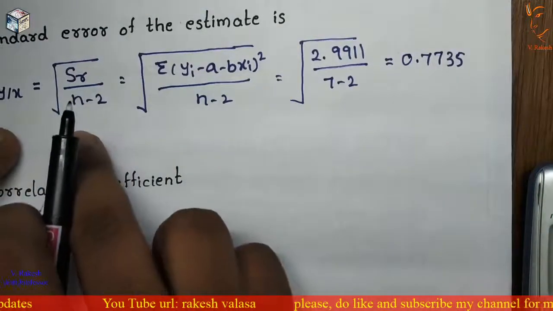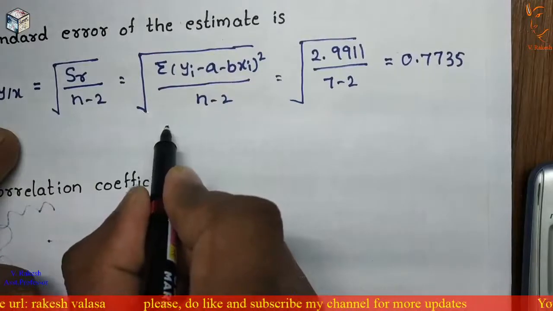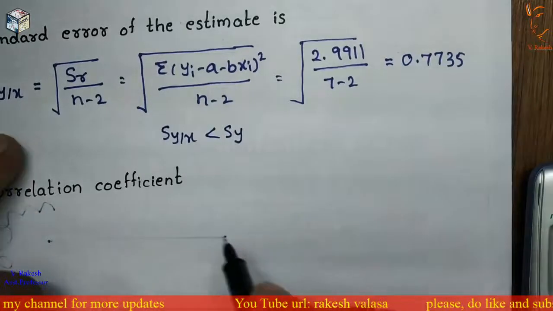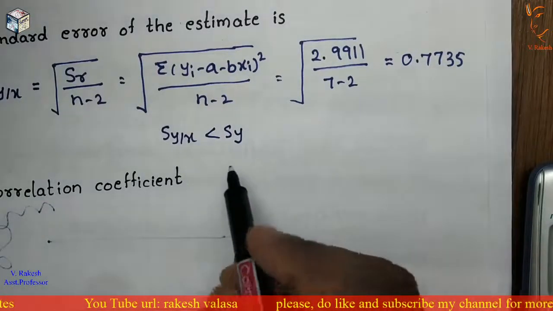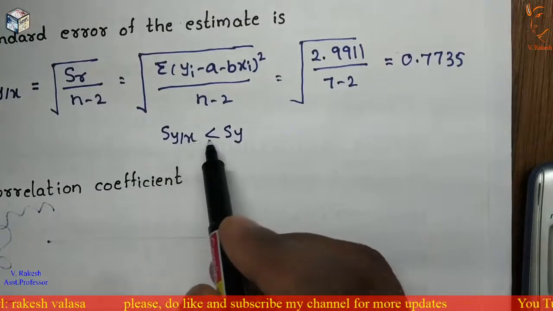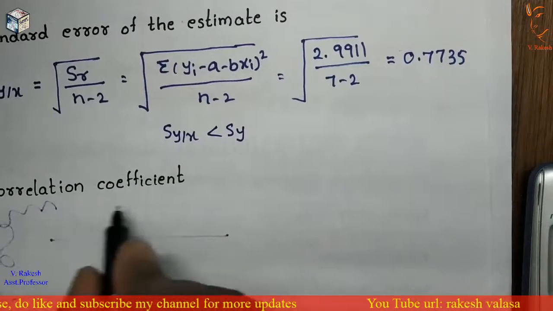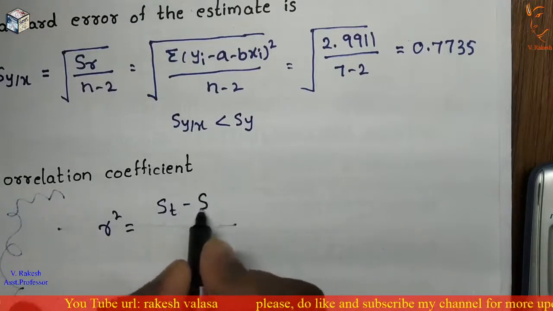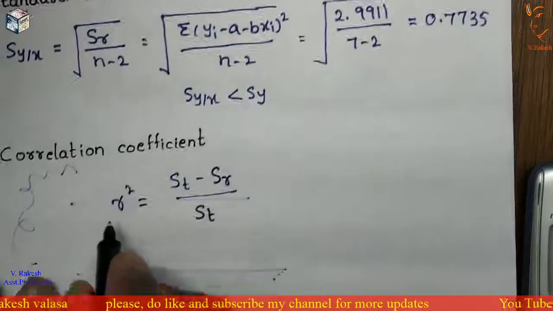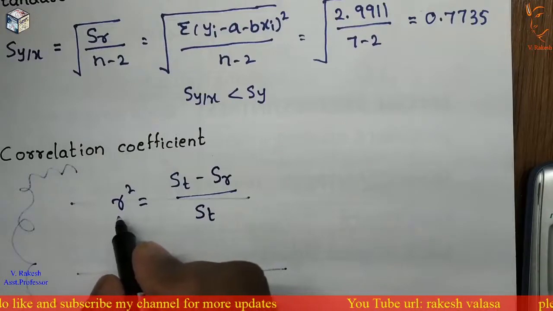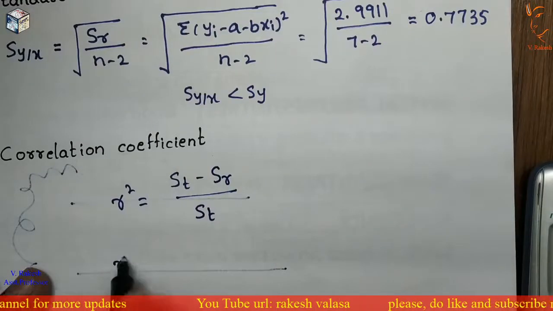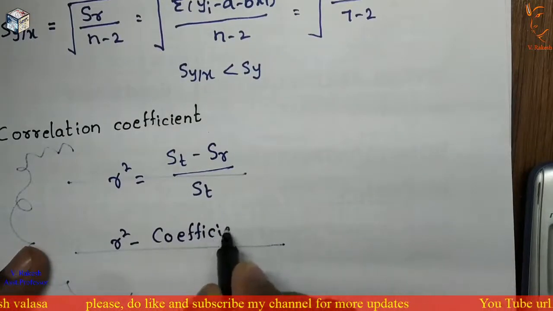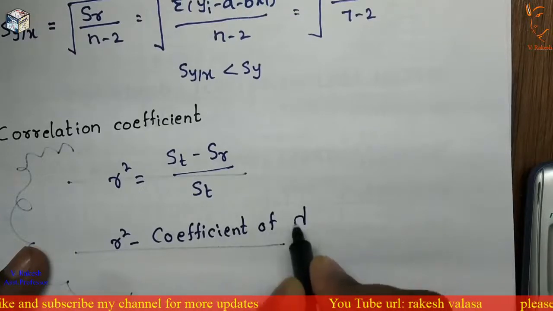Because Sy by x is less than Sy, the linear regression model has merit. The extent of improvement is quantified by r square equal to St minus Sr by St. Here r square means coefficient of determination.